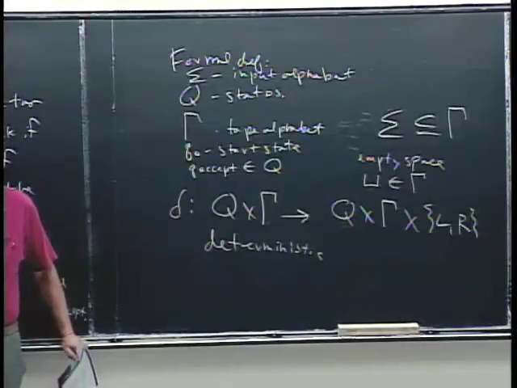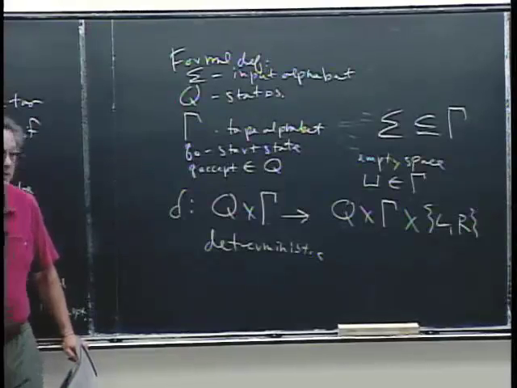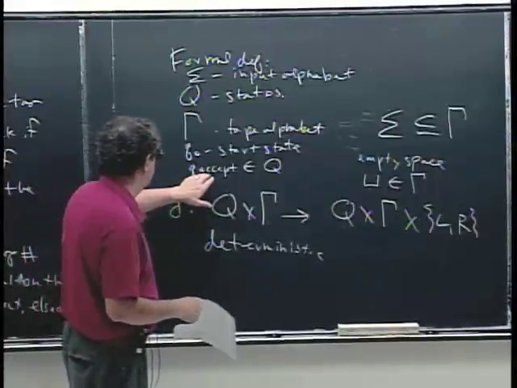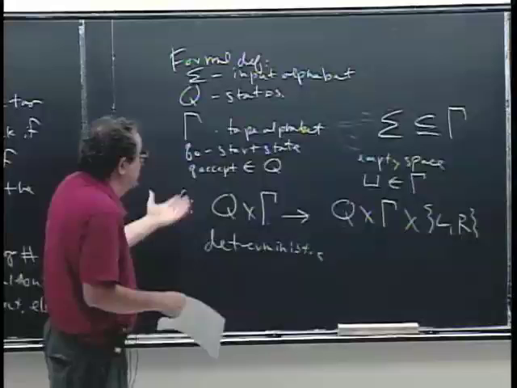It isn't required, as in a finite state machine, that we've exhausted the input. Although for particular languages, that will often be required in order for the Turing machine to properly accept or reject a string in that language. But we allow the possibility that we haven't seen the whole input.